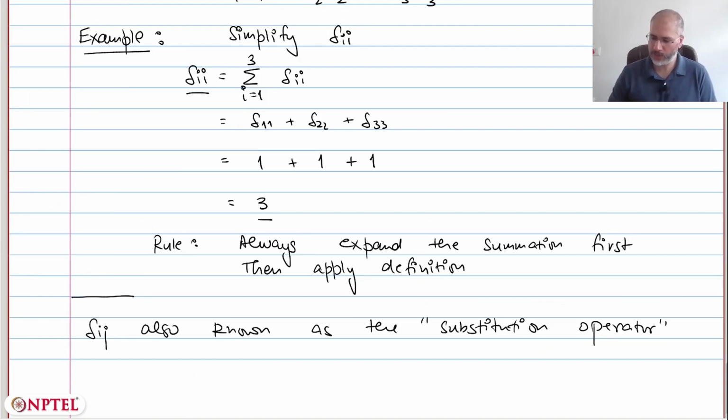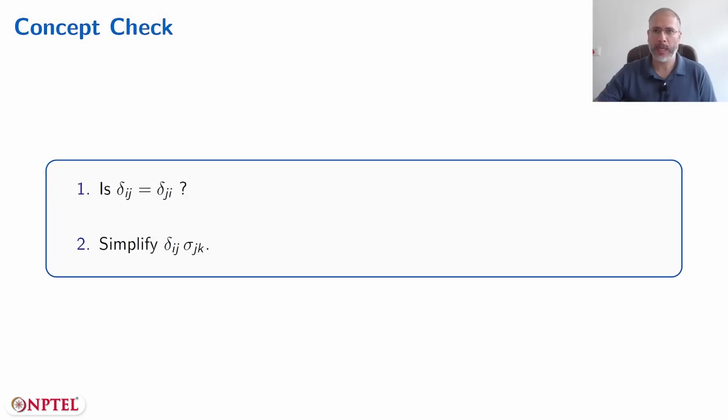So before we close this lecture, let's do a quick concept check. So the first problem asks: is delta ij the same as delta ji? So go to the definition of delta and see if you can answer this question.